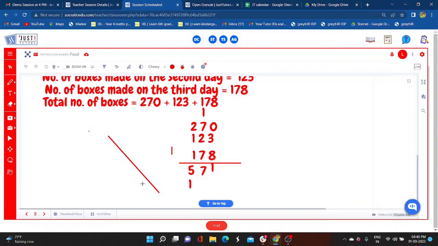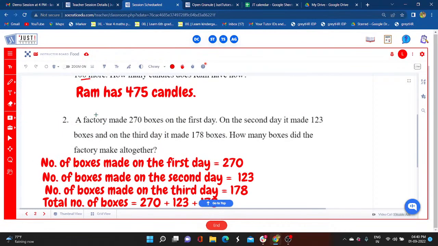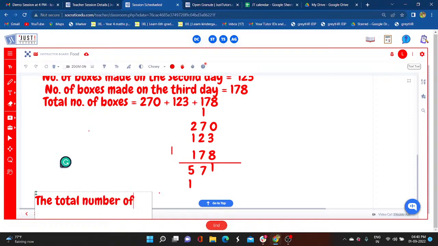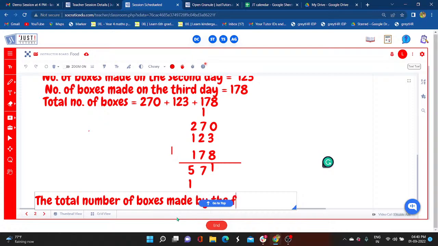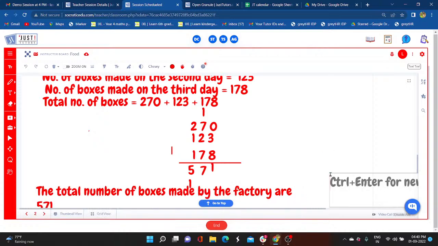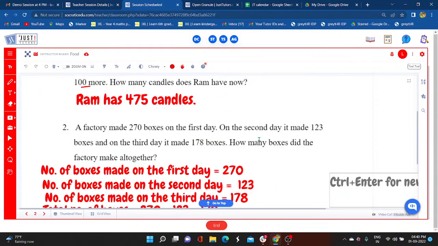Now the total number of boxes made by the factory are 571, right? 571 boxes are made altogether.